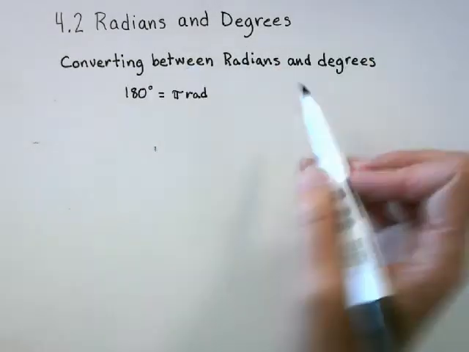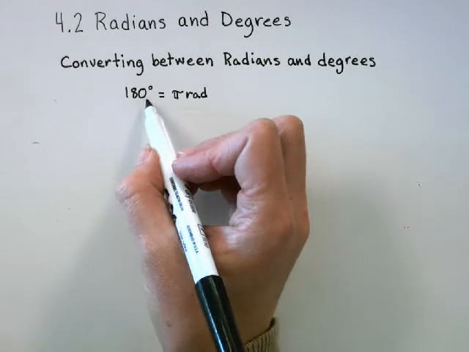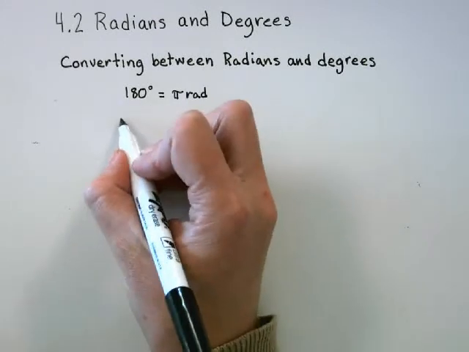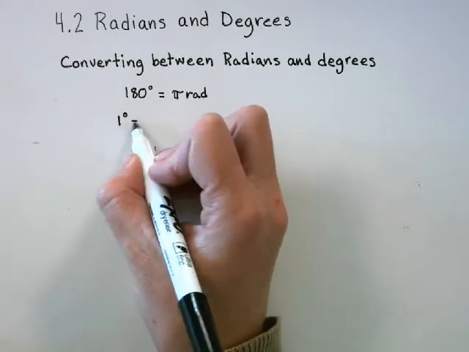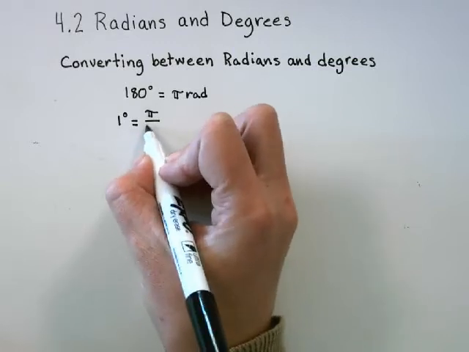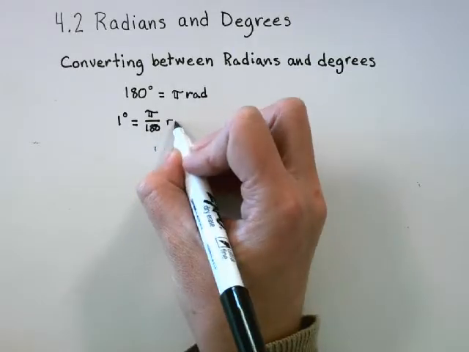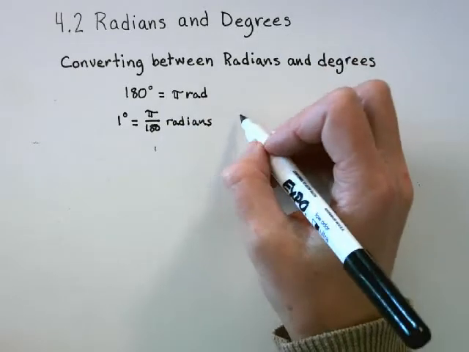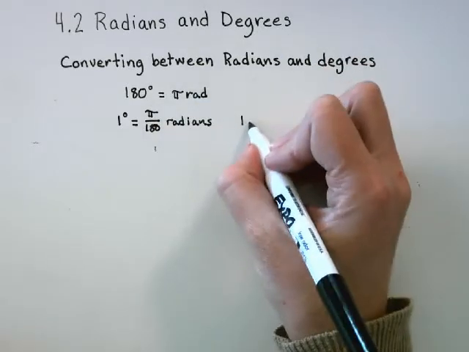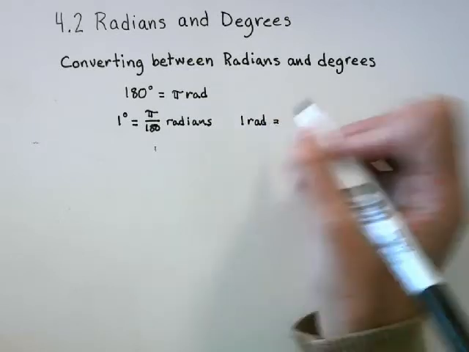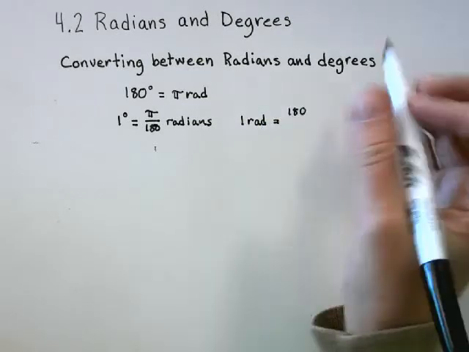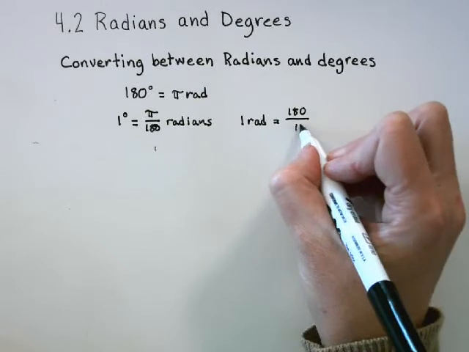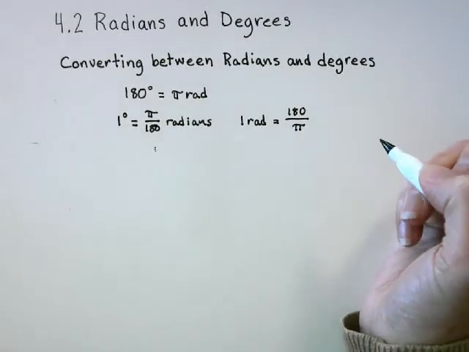So if I divide both sides of this equation by 180, 1 degree is going to equal pi over 180 radians. If I divide both sides by pi, 1 radian is going to equal 180 over pi.